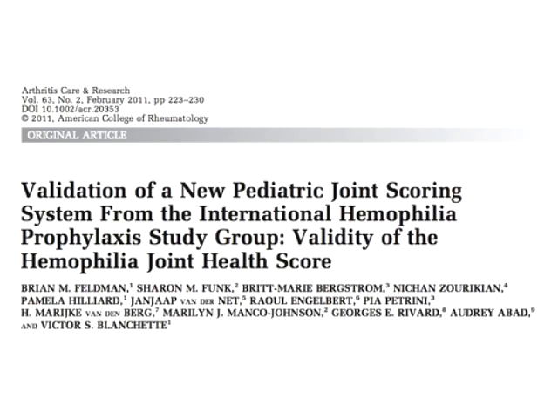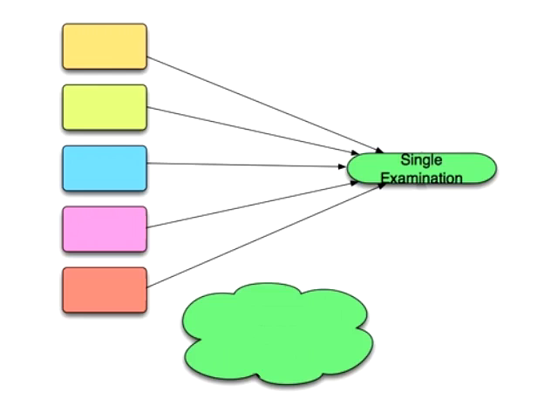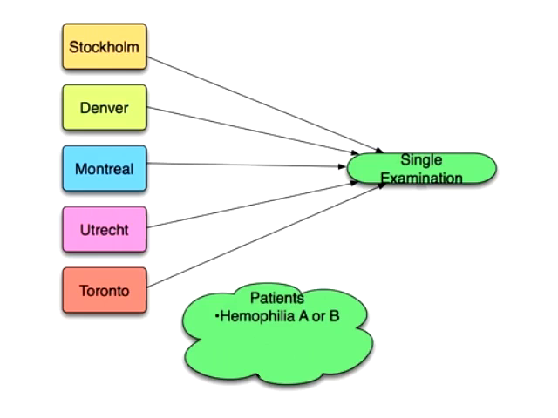And it's also a valid score. We published these findings last year. This comes from a 5-center study: Stockholm, Denver, Montreal, Utrecht, and Toronto. We studied patients with hemophilia A or B, mild, moderate, or severe, and they were examined by a doctor and a physiotherapist blindly.